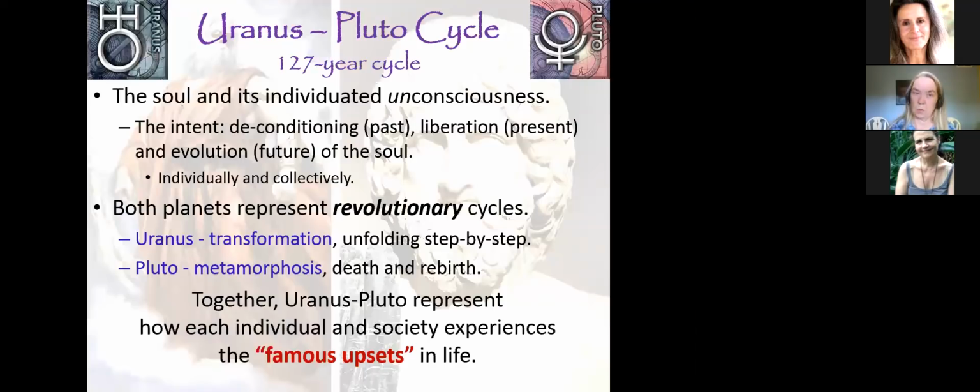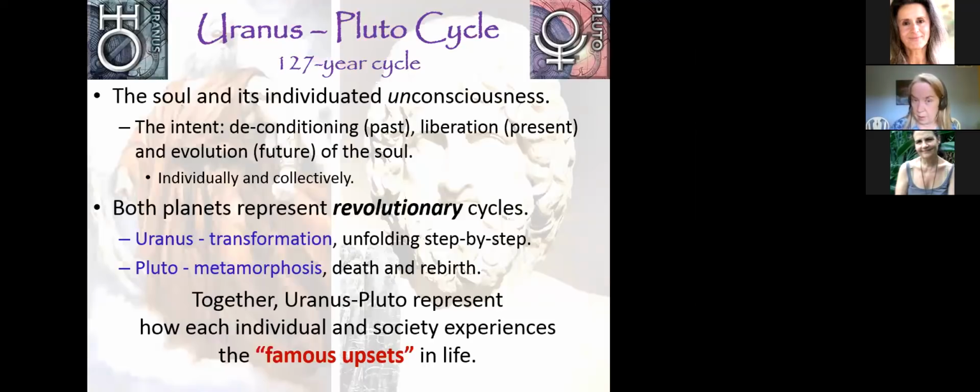Pluto is a key word that we use with metamorphosis. And this is where something actually goes through a death and rebirth process. Jeffrey Green's example was always the butterfly, where it would go from the cocoon and really come back out or crystallize and come back out as the butterfly. There was the symbolic death and rebirth because it was more than just a step-by-step transformation. It was a huge shift that took place.